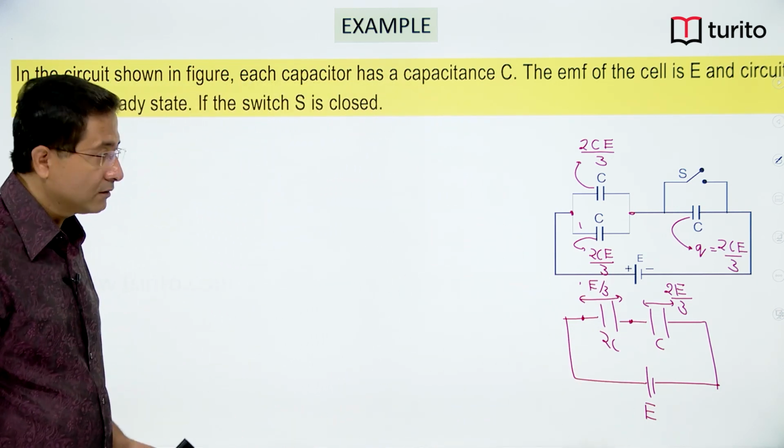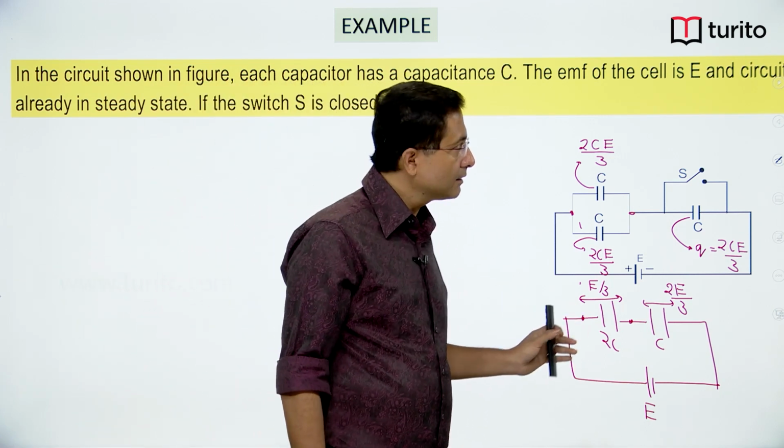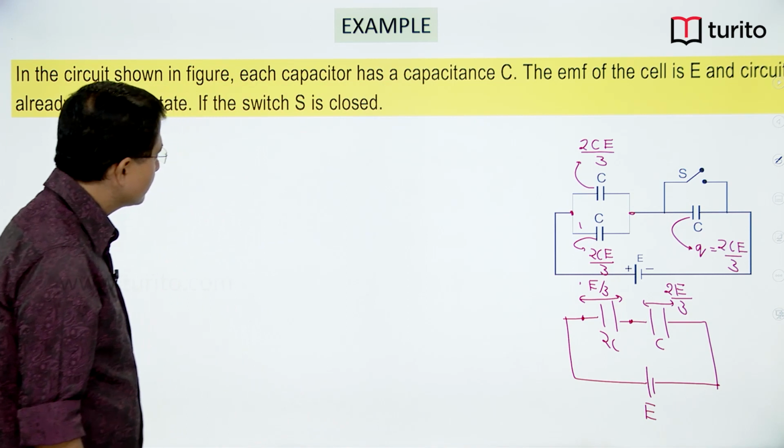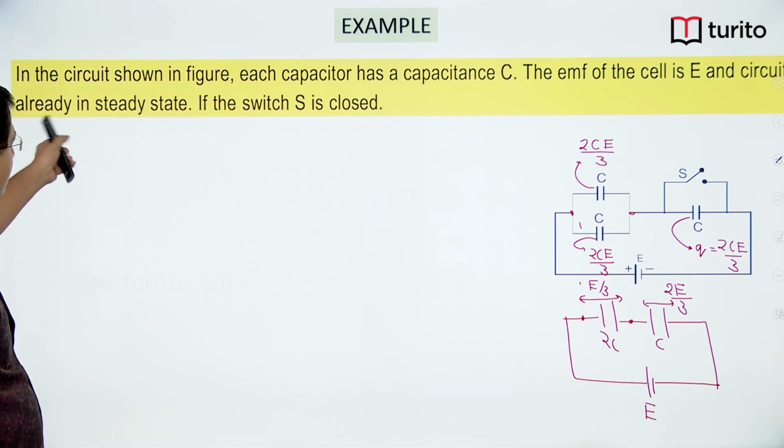Now we have a complete distribution, and what the question says is: the EMF of the cell is E and the circuit is already in steady state.